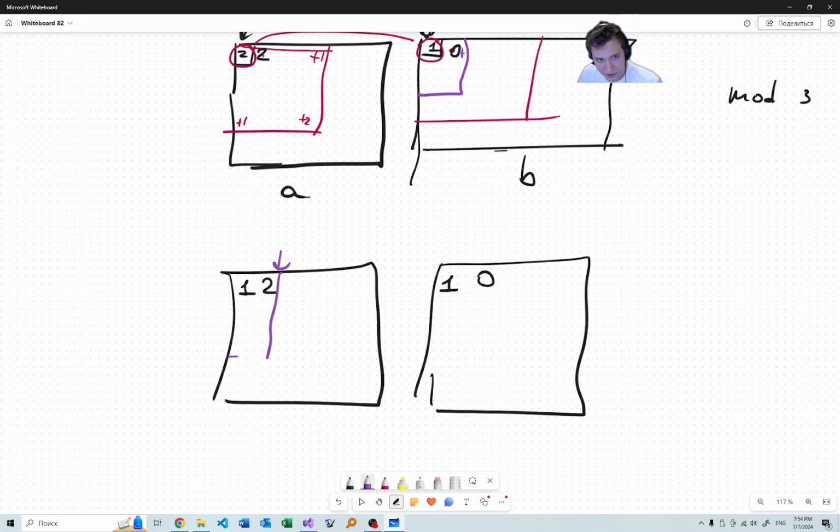However, it's bad to choose, for example, this rectangle, because we can replace this number with 0, but this will replace this number with 0 as well. And we don't want that. We don't want to break the elements which are already fixed. So when we fix an element, let us always choose a rectangle in which this element is the upper left corner. So always when some element is fixed, we just don't touch it, because each next element is fixed by choosing some rectangle in which it is the upper left corner.